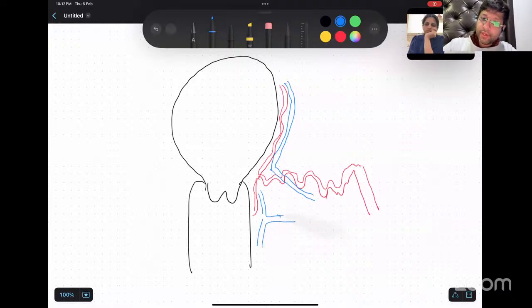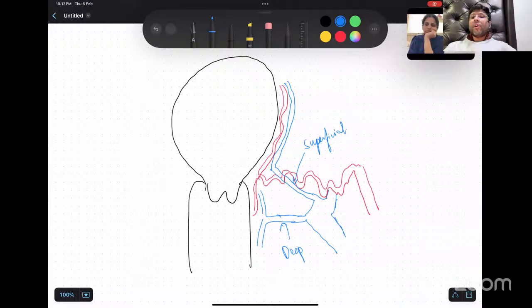We don't know why. We have two uterine veins: the superficial uterine vein, which is also called the uterine vein, and then the deep uterine vein. All of them go and meet the internal iliac venous complex, the internal iliac vein.